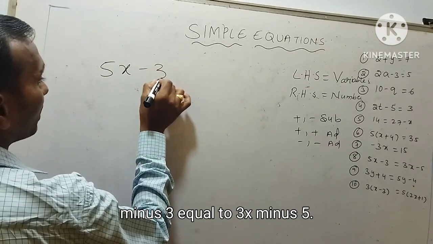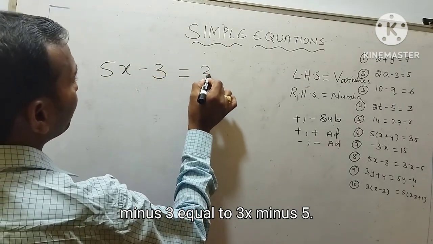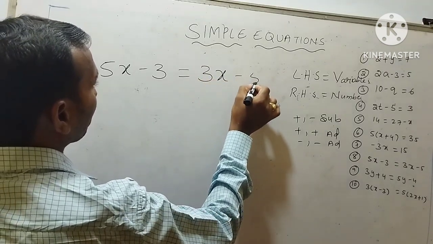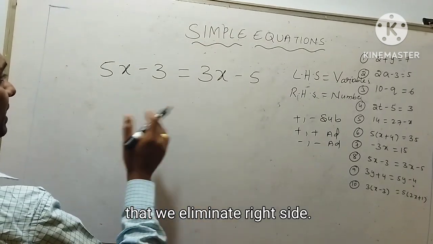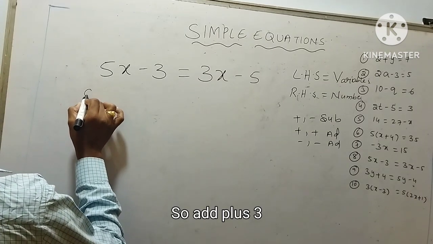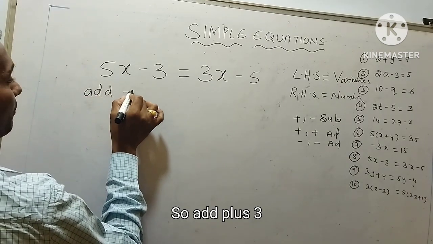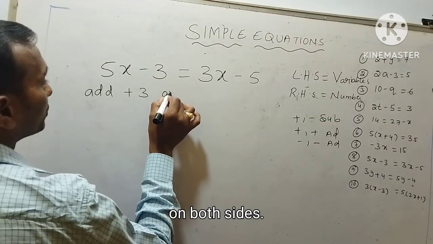5x minus 3 equal to 3x minus 5. First we eliminate left side numbers. After that we eliminate right side. So add plus 3 on both sides.